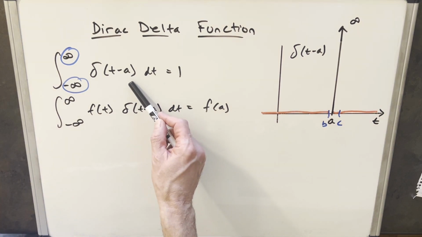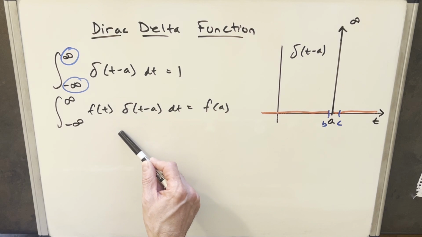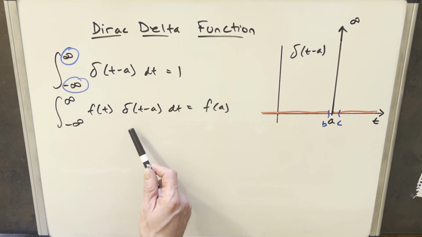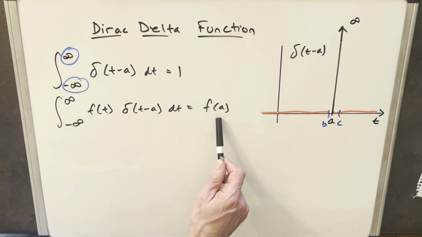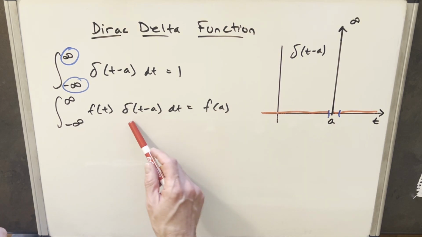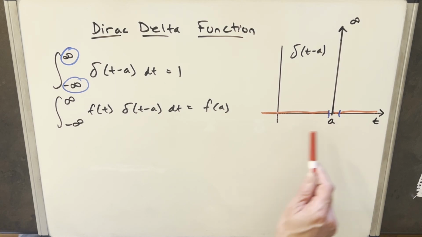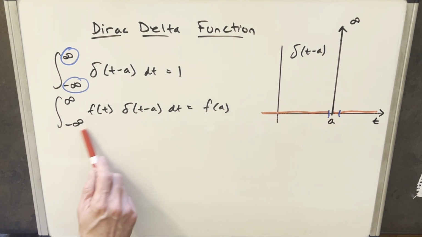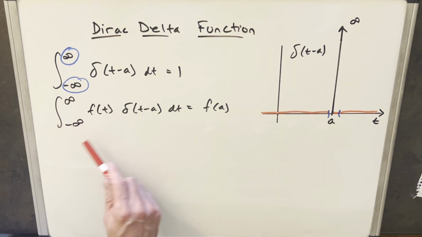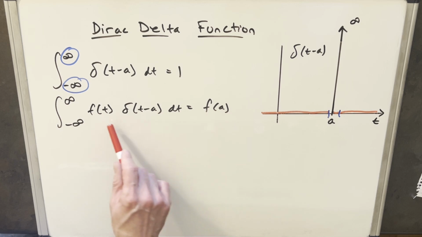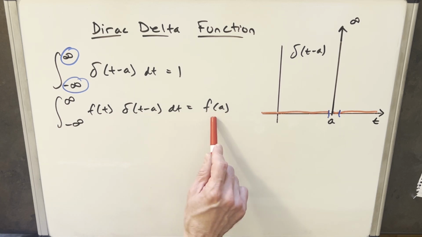But what falls out of this first condition is this second integral, that if we take the integral of f of t times the Dirac delta function, we just get the function evaluated at this point A. So what's going on here is the Dirac delta function is defined to be 0 everywhere except for at A. So it's going to zero out this whole integral everywhere except for this point A. And then because this becomes 1, really all we're doing is just evaluating the function at that point.